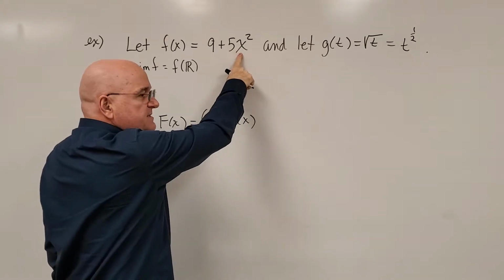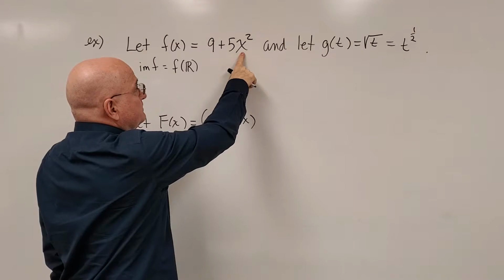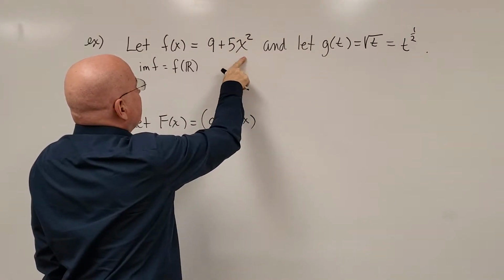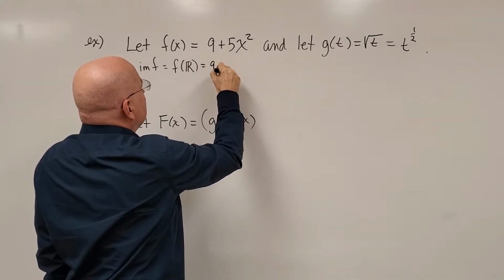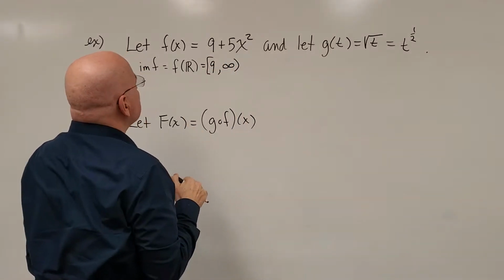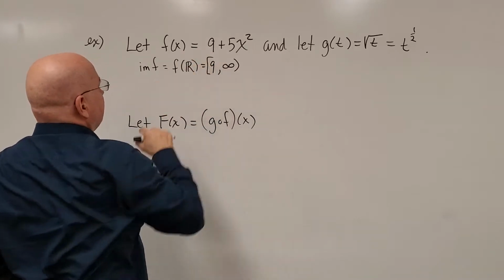What's the smallest that x squared can be? 0. So the smallest that this can be is 9, and it can go all the way up to infinity. So this looks like it's the image of f.